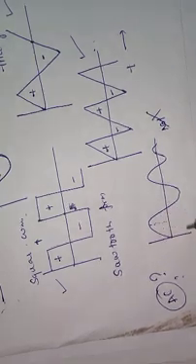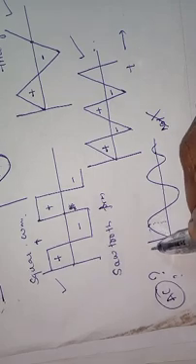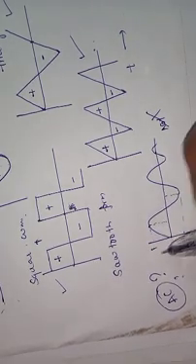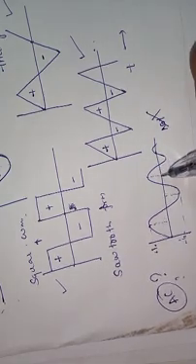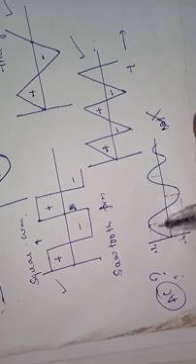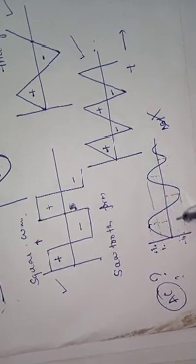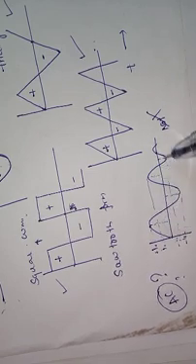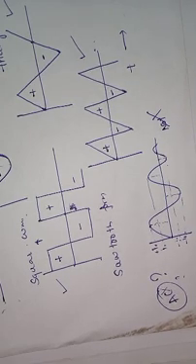Why? Let's check this amplitude. The amplitude here is I naught, then this is also negative I naught, this is plus I naught, and here the amplitude is not the same, it is decreased. And again here this amplitude is also decreased. The amplitude is decreasing, so that's why it is not AC, alternating current.